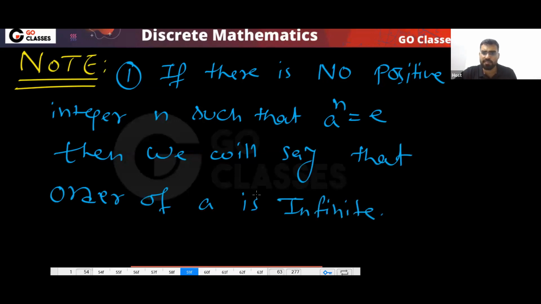It simply means that A can generate an infinite number of elements. This is the idea.